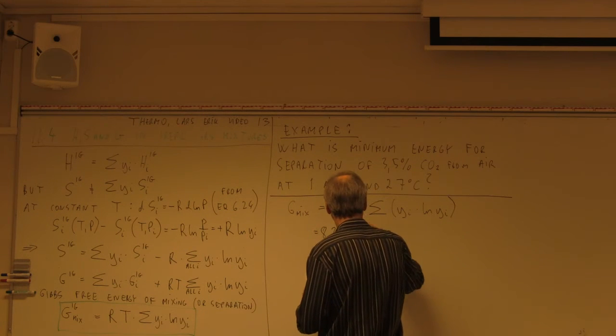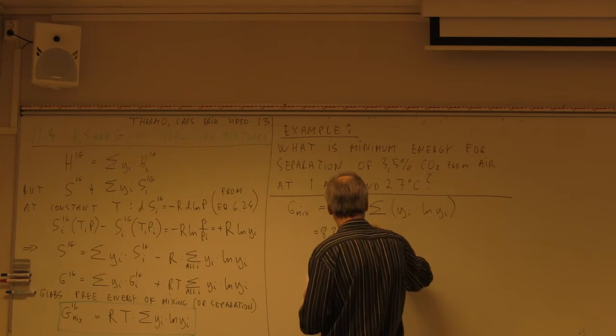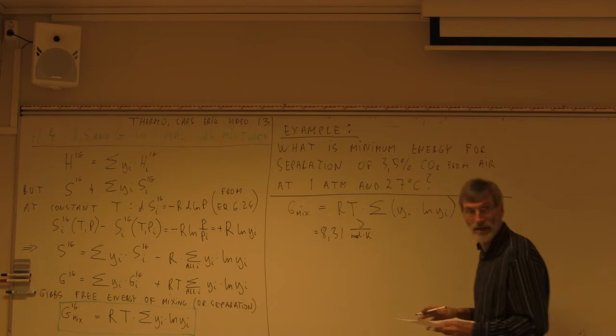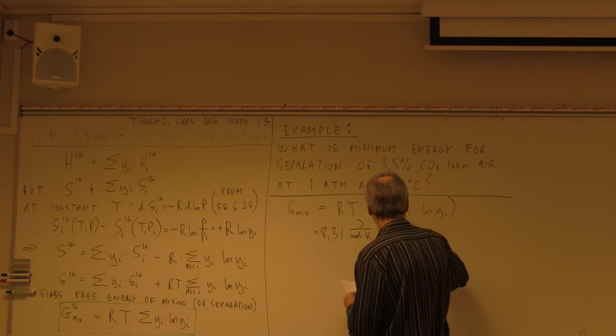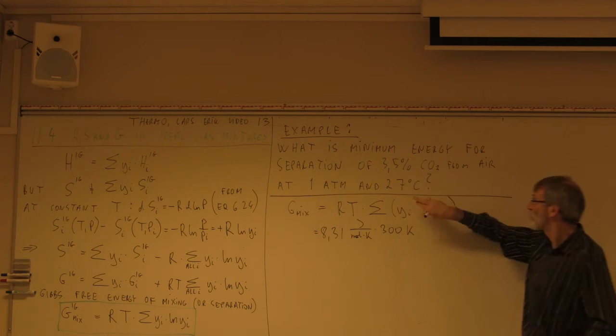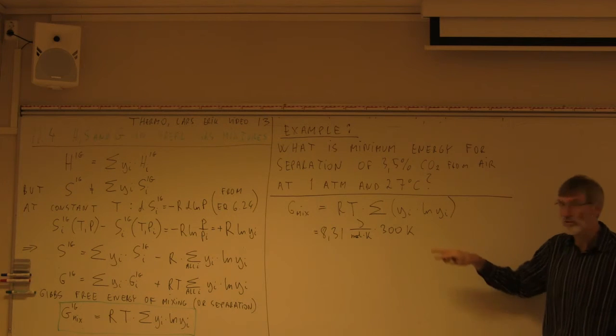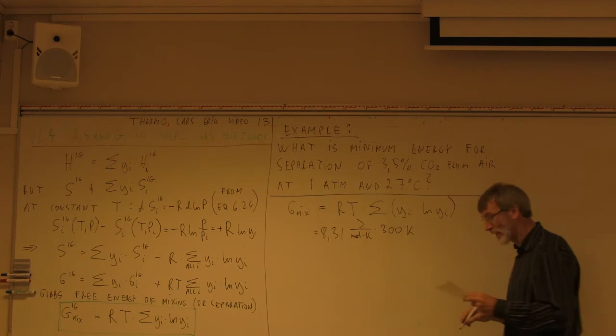R is 8.31 joule per mole Kelvin, that is the gas constant. I selected 27 centigrade because that is 300 Kelvin.